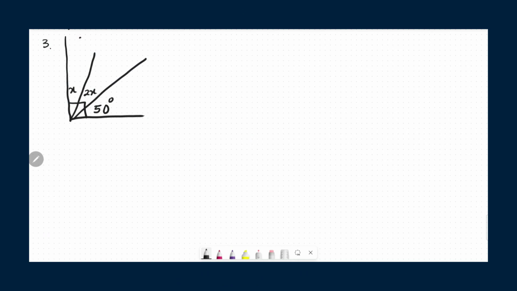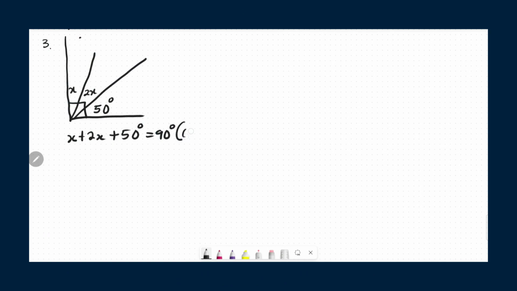So that means we are now going to say x plus 2x plus 50 degrees is equal to 90 degrees.